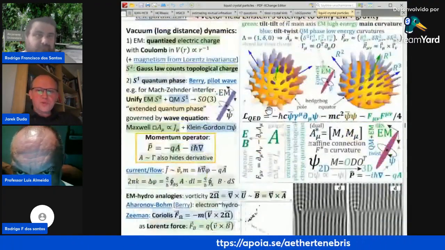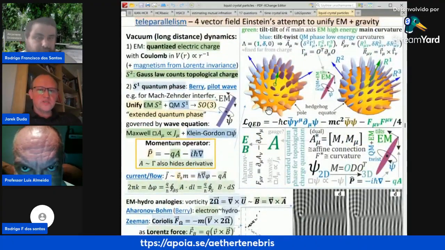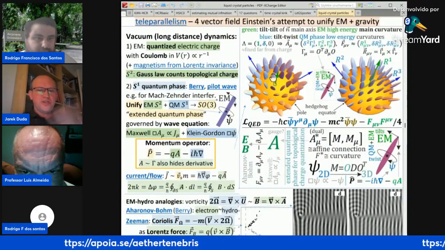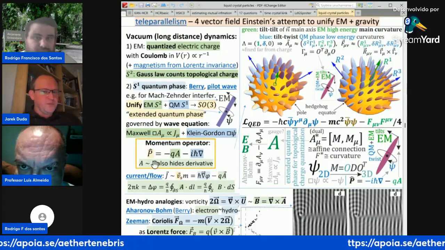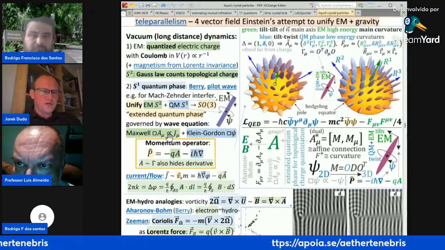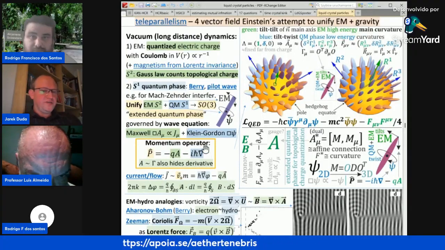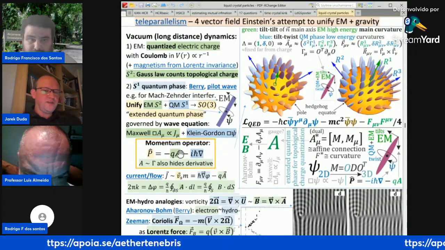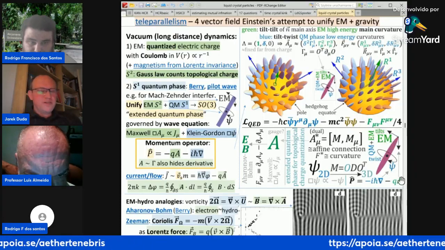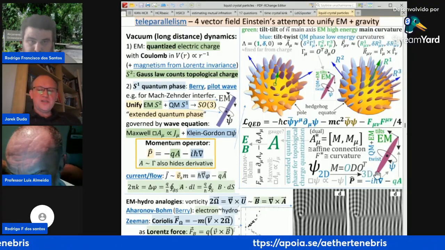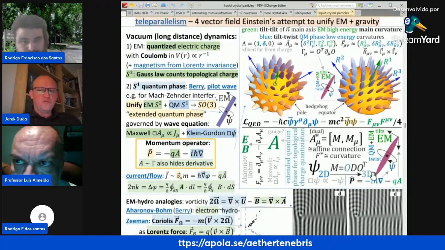Here is some discussion about this unification between the tilts and twists. You have it in many places. We have the momentum operator as a derivative, but for A it is not a derivative, but in this view both are derivatives, and literally this spatial rotation unifies both.